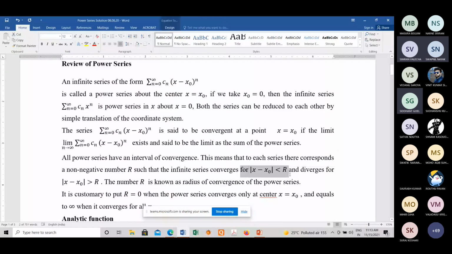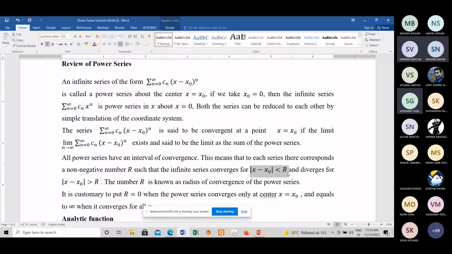I hope you all know the meaning of this: mod of x minus x naught less than r means x belongs to the interval x naught minus r to x naught plus r, and the series diverges for mod of x minus x naught greater than r. It means outside the interval x naught minus r to x naught plus r, the series will diverge. In this case, the real number r is known as the radius of convergence of that power series.